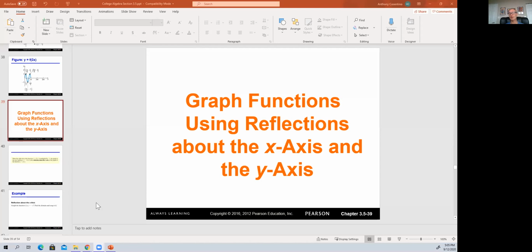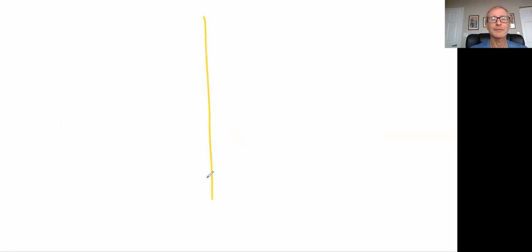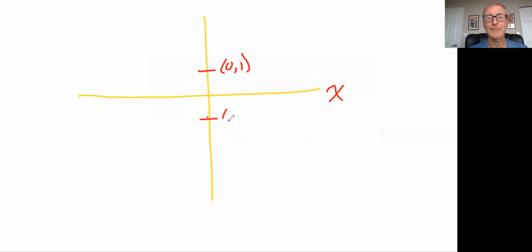Basically, if you want to reflect around, say, the x-axis, say I have a point here of x equals 0, y equals 1. How do I reflect around the x-axis? I want to change the value of y, right? So that would be 0 minus 1.